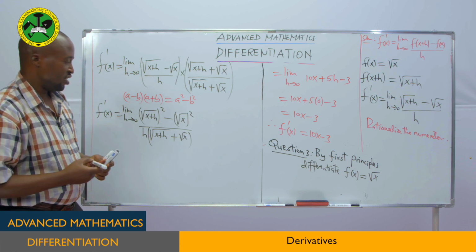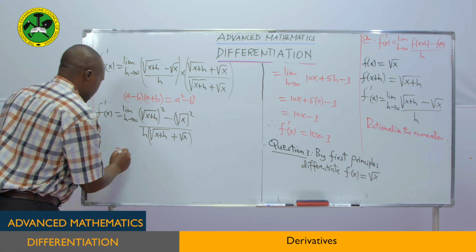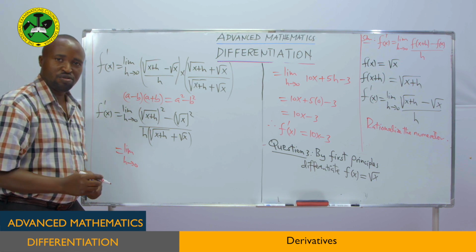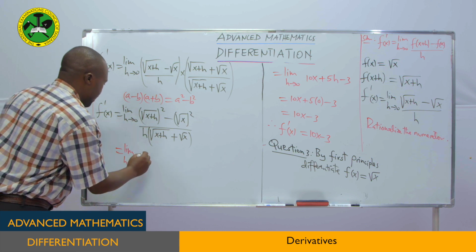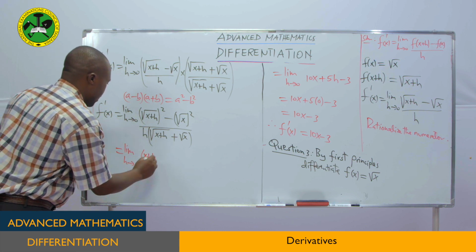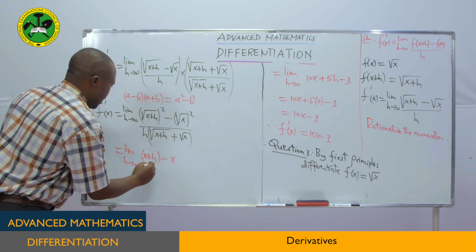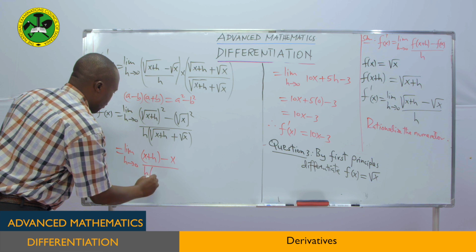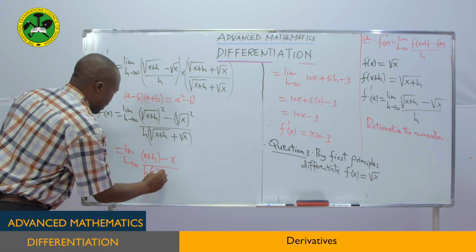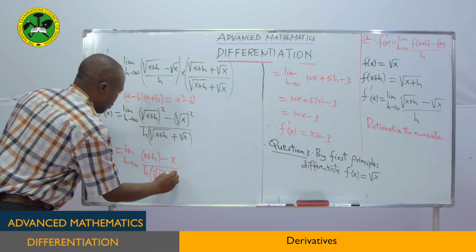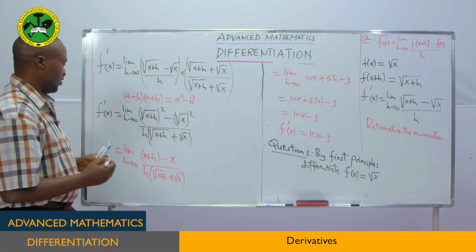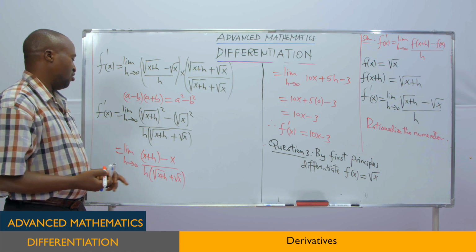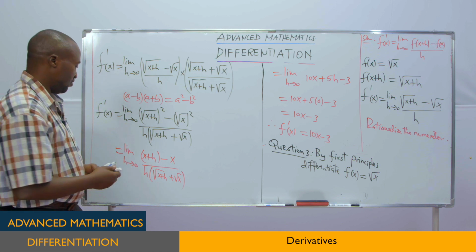So here we are going to have the limit of, as h approaches 0, we have x plus h, this one minus x over h bracket of the square root of x plus h, then plus the square root of x. So in this case, when we open up the bracket here, we are going to remain with the h.